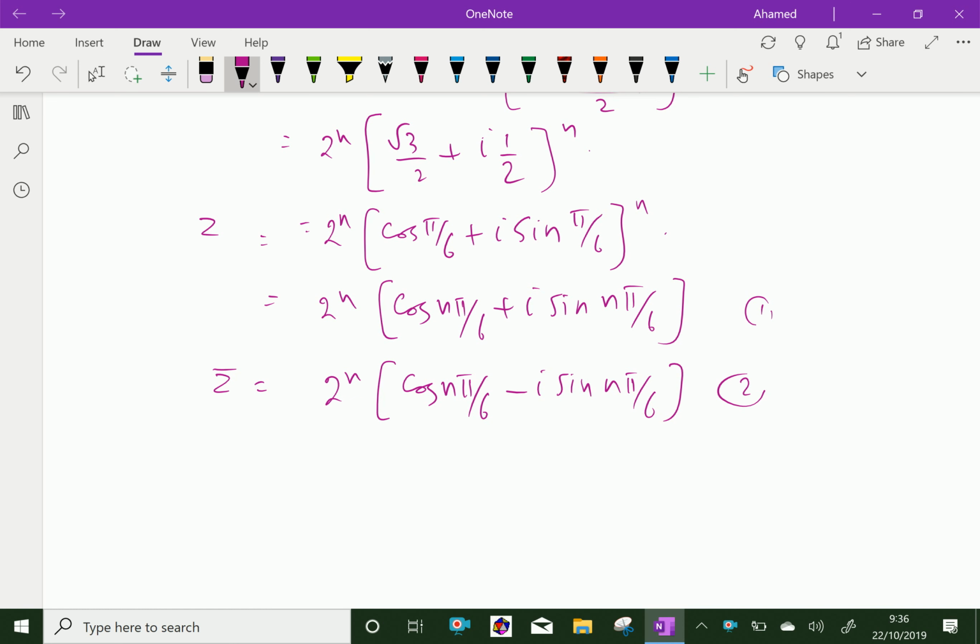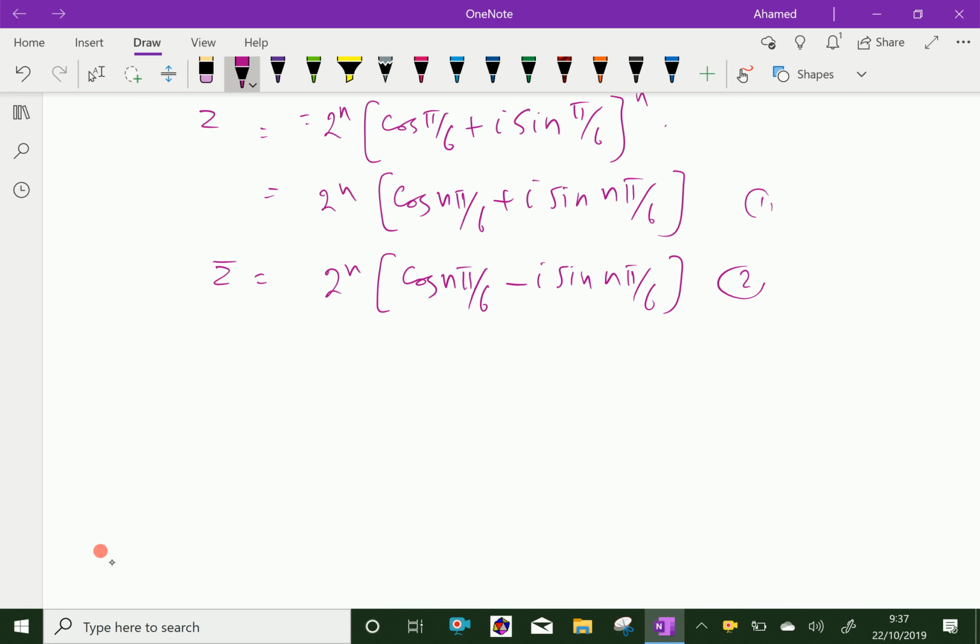Since z is real, the first condition is z equal to z bar.